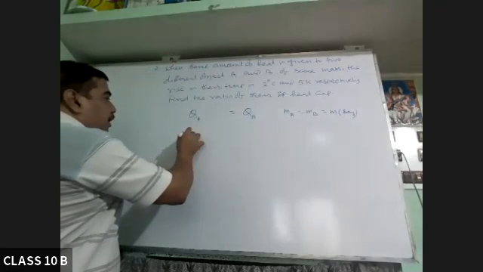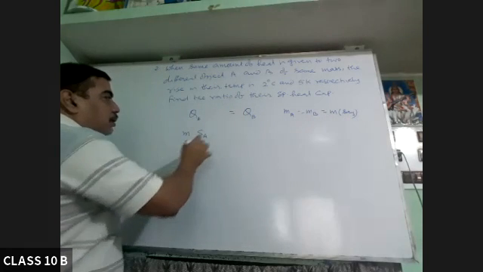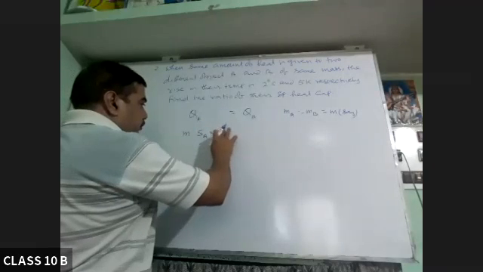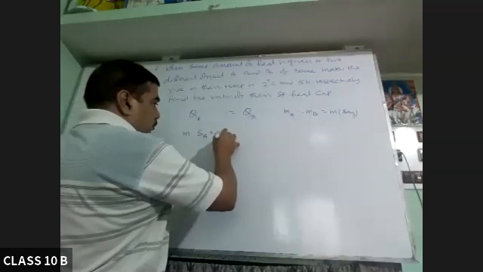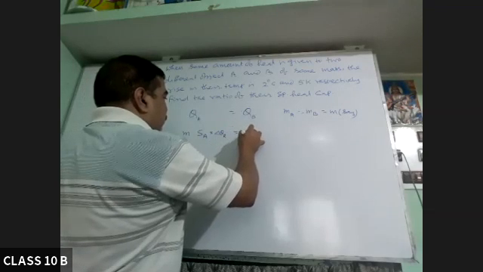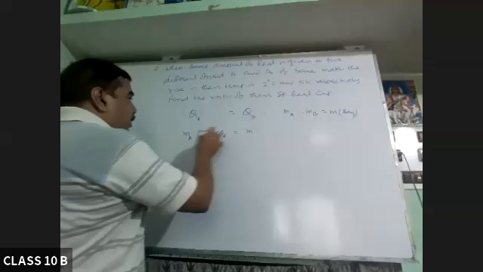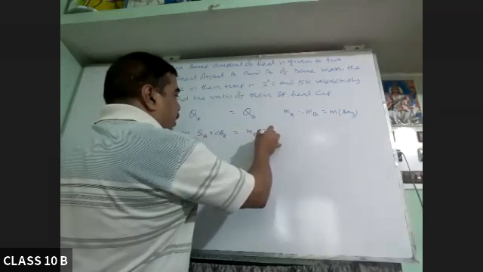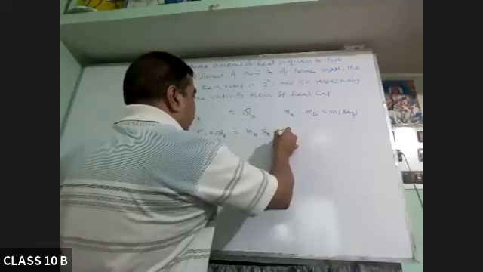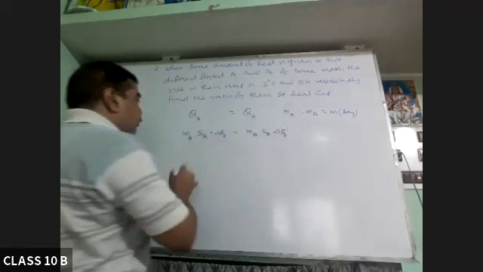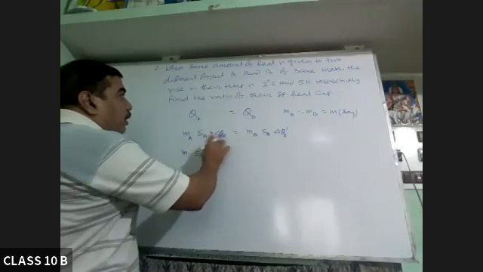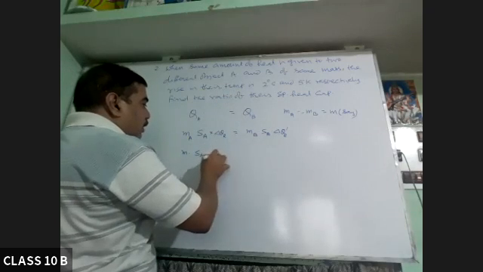So the mass will be the same, M, specific capacity we have to find, and the rise in temperature of A. Mass of B, specific capacity of B into rise in temperature of B. So this is M, specific capacity to find, rise in temperature 2 degrees Celsius.